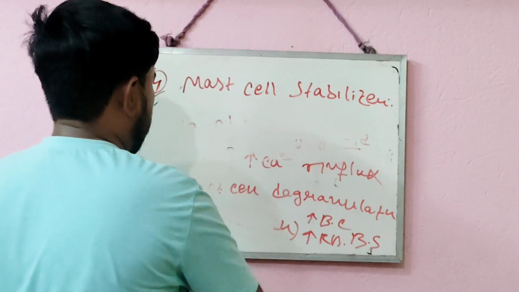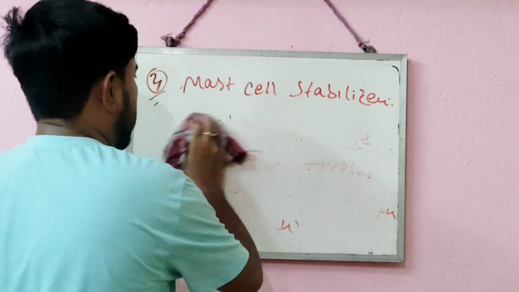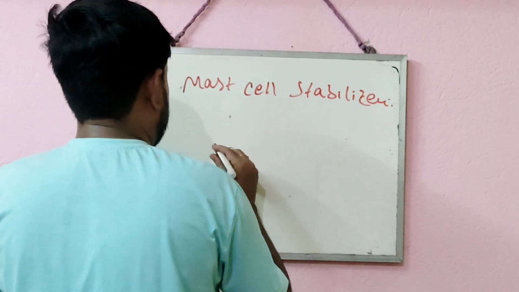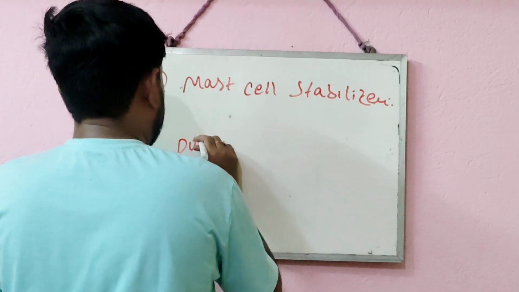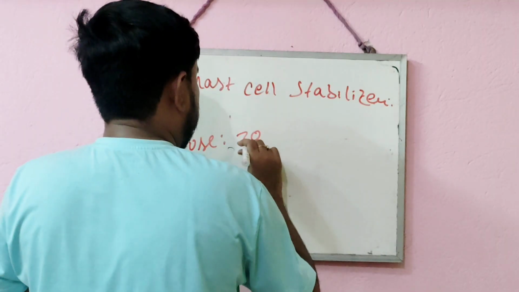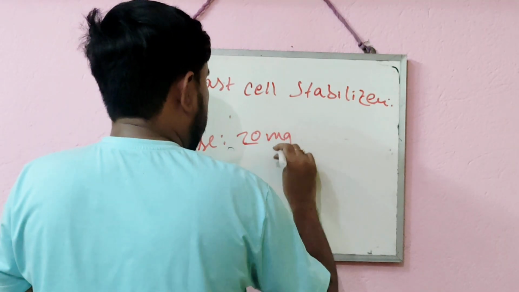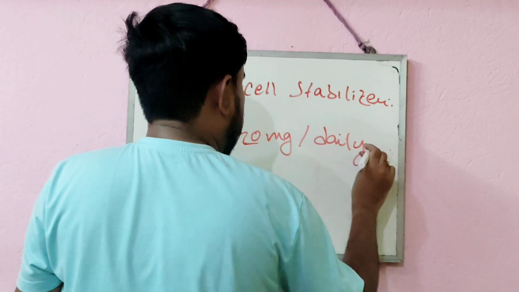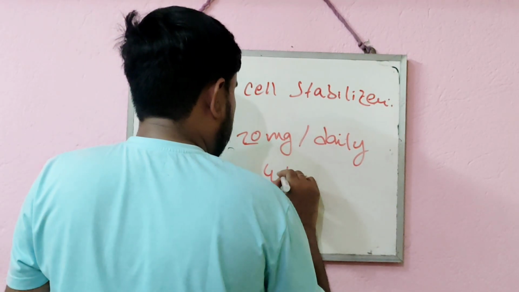So now we will study the dose of sodium cromoglycate that we have to take to treat asthma. What is the dose? The dose should be 20 mg per dose, and you have to take it 4 times in a day.